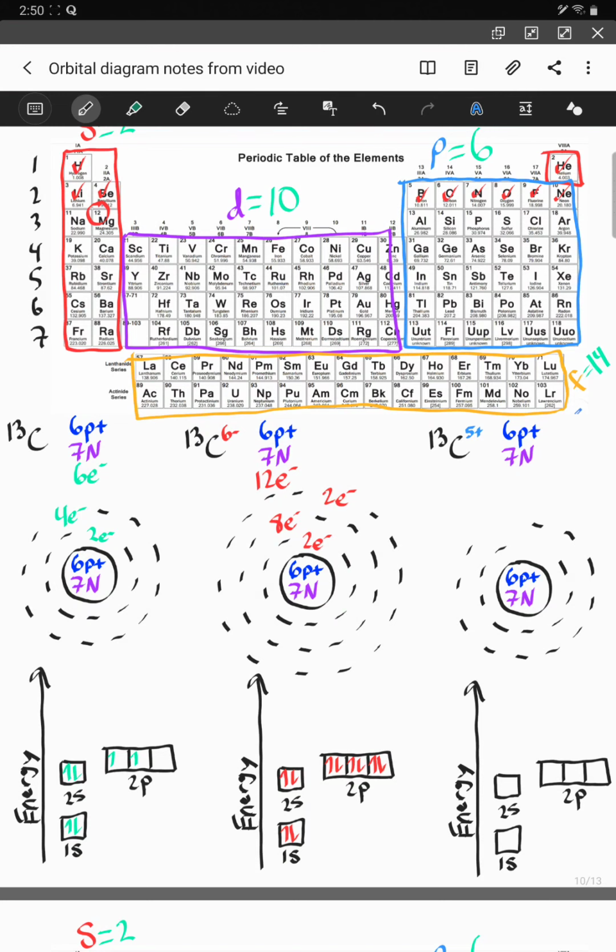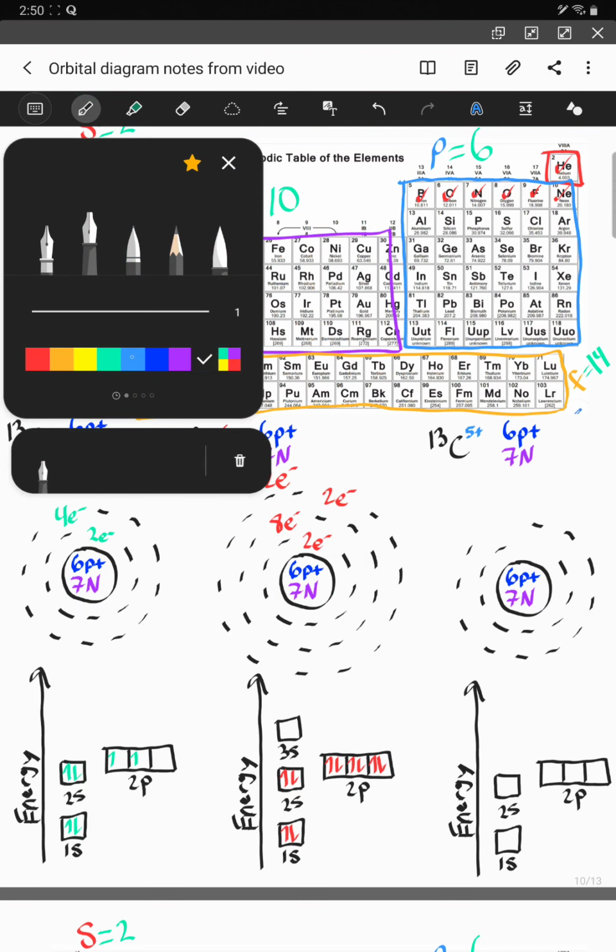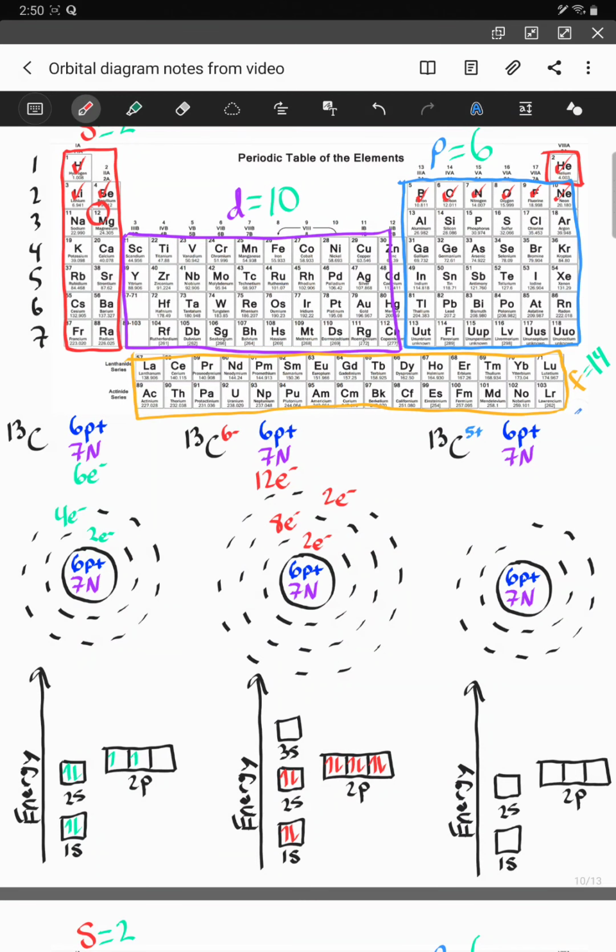We have 10 total electrons drawn, and we need to add 2 more. Specifically, we need to add 2 more that are in the 3s orbital. So I'm just going to draw another box and label it 3s, and I will fill in my electrons there, because we just moved left to right on the periodic table, and we are now in the 3s orbital, and we stop when we get to magnesium here.